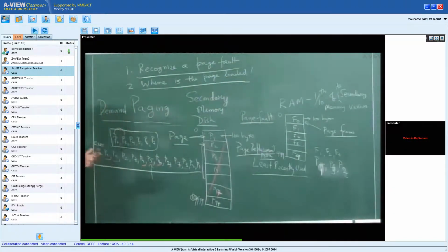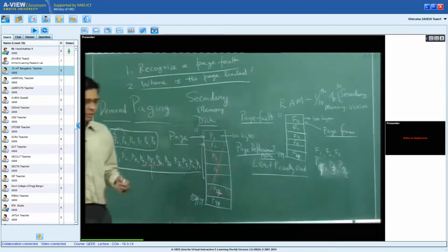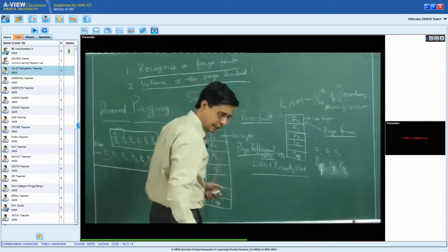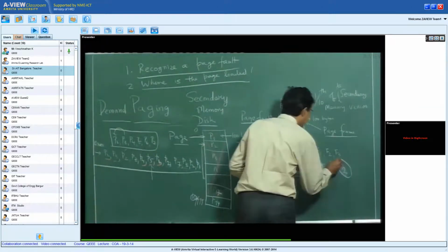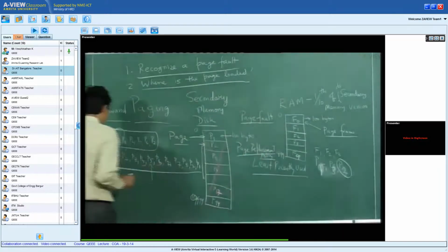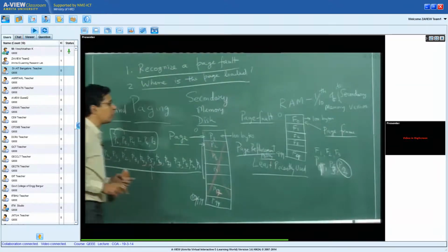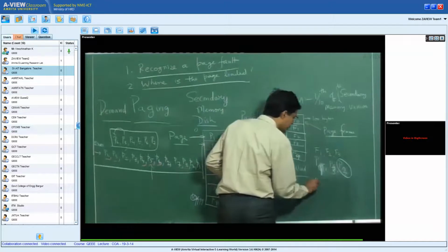For example, if you look at this, P2 in this case is loaded in frame 3 at the end, but P2 was actually loaded in frame 1 to start with.